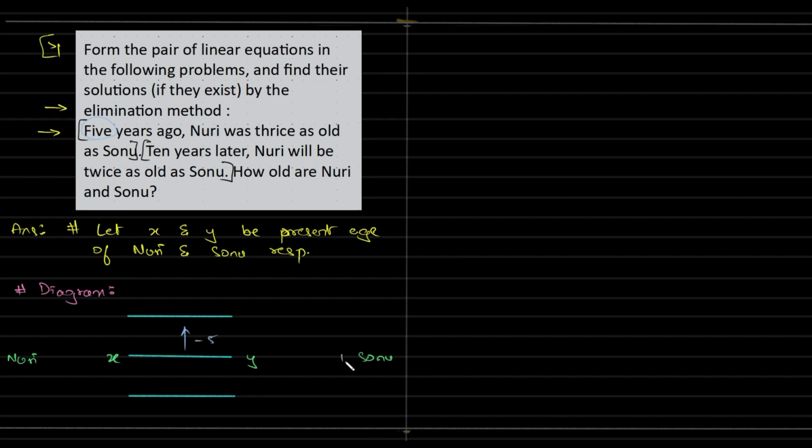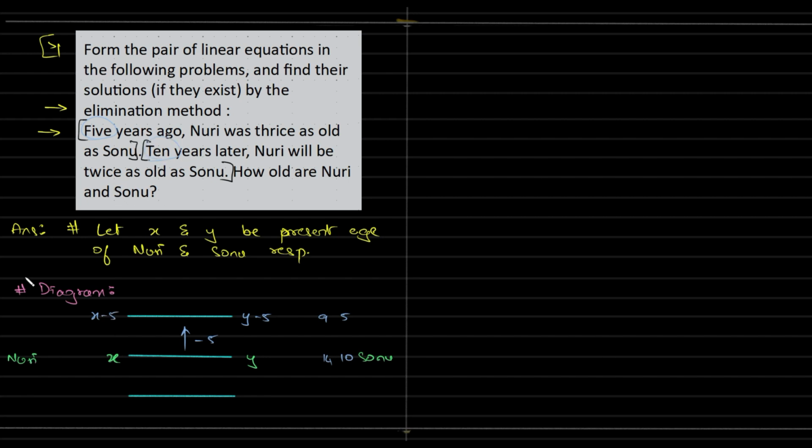Say your present age is 10, 5 years back would have been 5. If your present age is 14, 5 years back it would have been 9. A person who is y years old will be y minus 5, and a person who is x years old will be x minus 5.